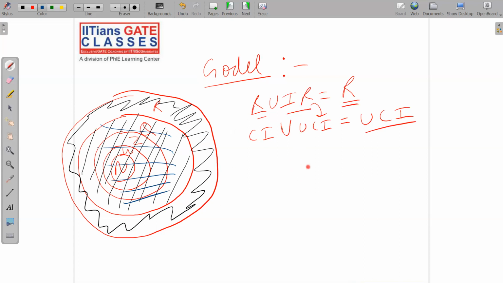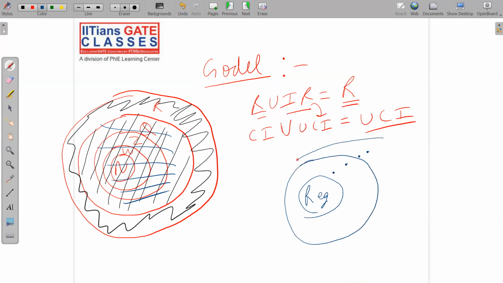We have languages like regular languages, CFL, CSL and so on. So roughly I will say till RE languages, that is recursively enumerable languages, everything is countably infinite.